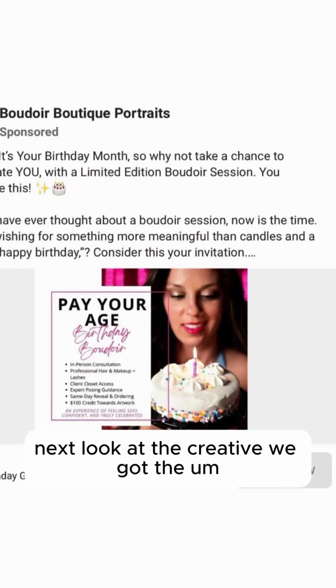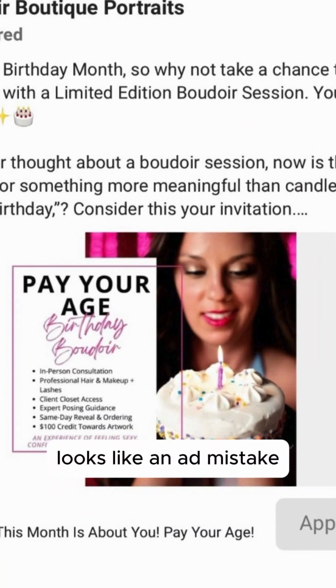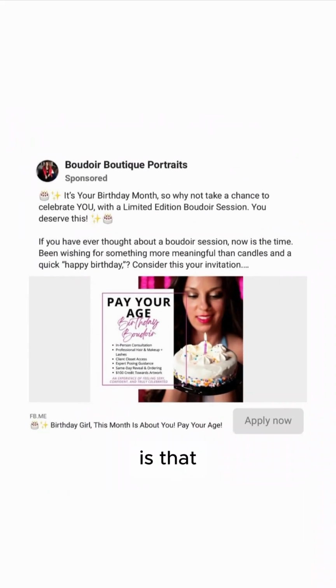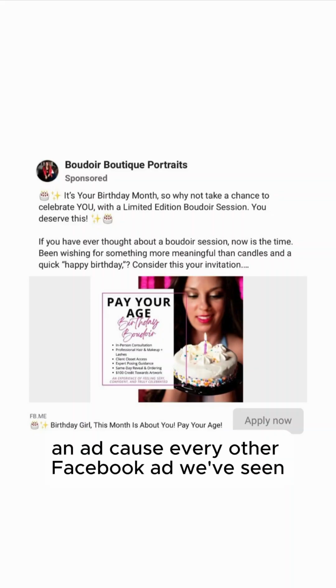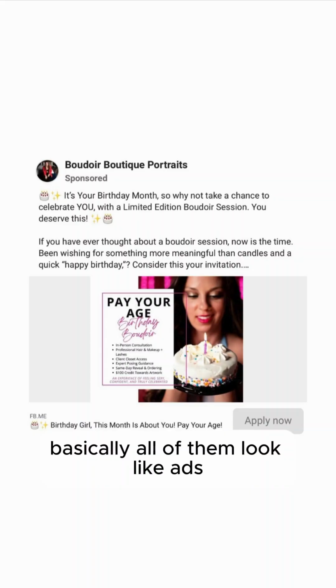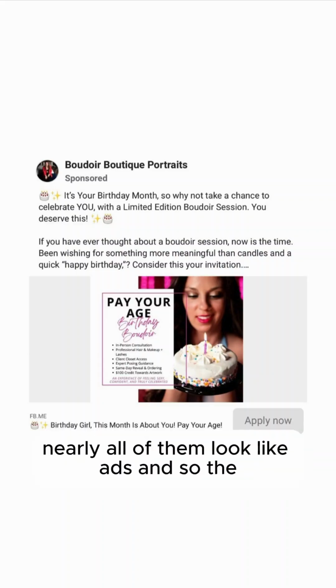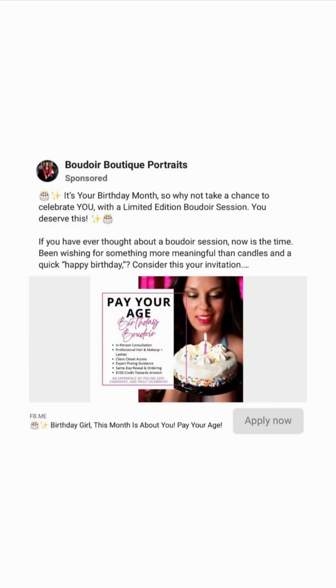Next, look at the creative. We've got the looks-like-an-ad mistake. The false belief that caused us to make this mistake is that we're making it look like an ad because every other Facebook ad we've seen looks like an ad, and nearly every other Boudoir Facebook ad we've seen looks like an ad.